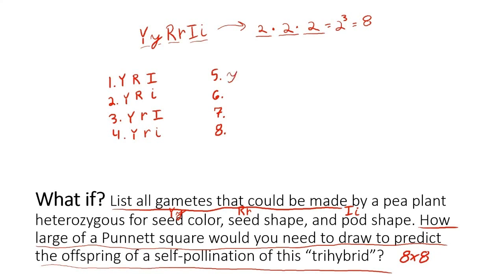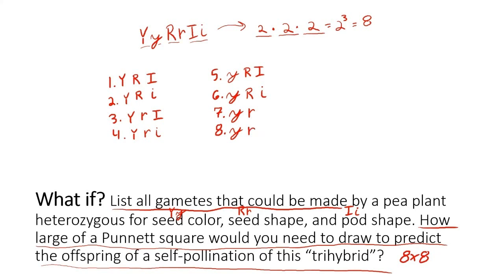Everything else is going to have a lowercase y at the beginning. So we have lowercase y, capital R, capital I. We have lowercase y, capital R, lowercase i. That exhausts all of our capital R possibilities.